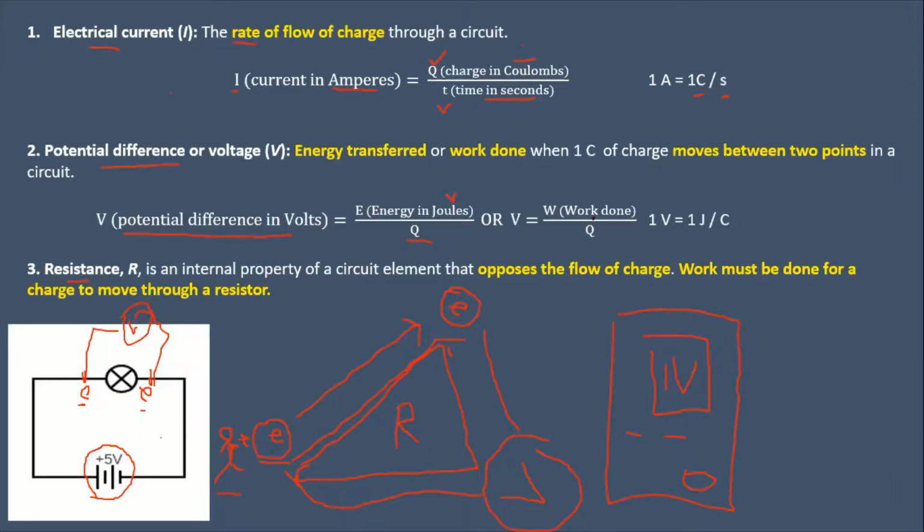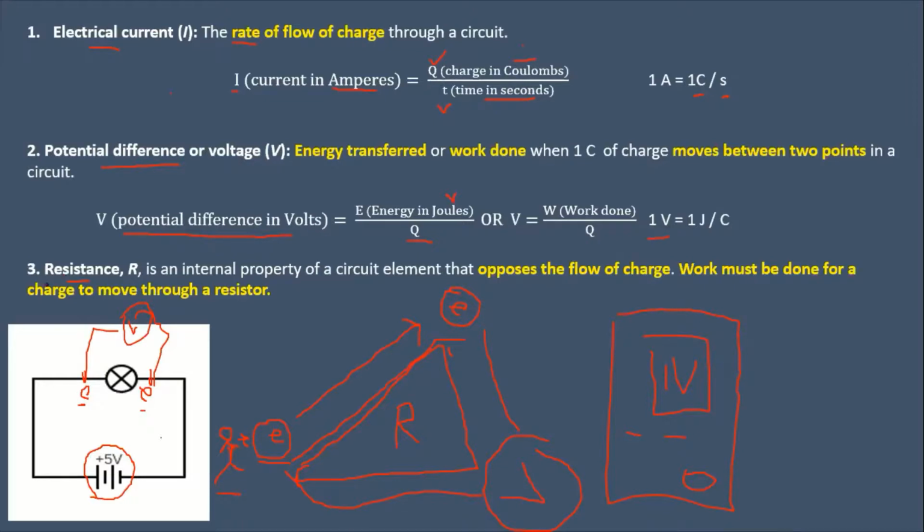So if you have a voltmeter, you connect it here to your light bulb or whatever, and then you read that value. Say it says 1 V, so you know that you need 1 joule of energy to move that charge from here up to here.